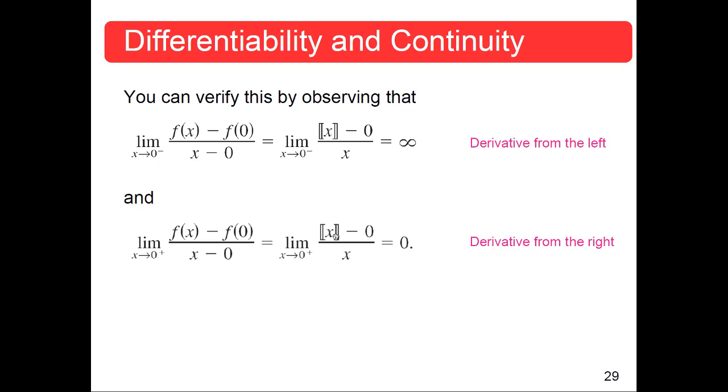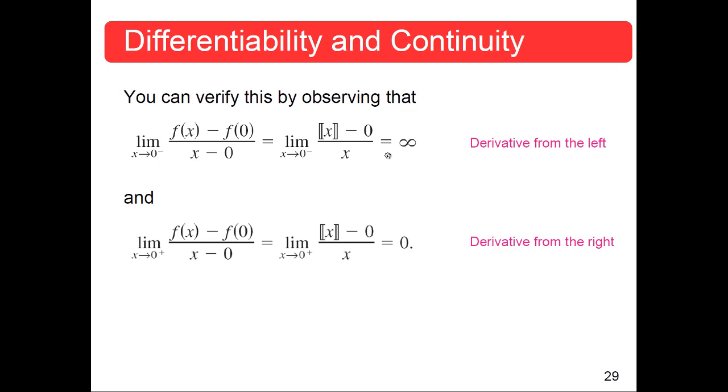The limit from the right: what is the greatest integer less than or equal to really small positive numbers? Well, the greatest integer less than or equal to a really small positive number is going to be 0. So you're going to have 0 divided by really small positive numbers. So what's 0 divided by really small positive numbers? It's 0.